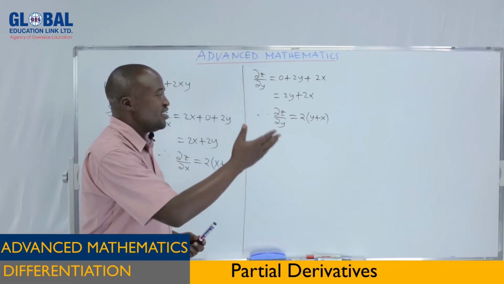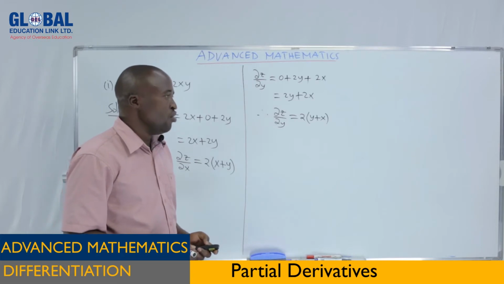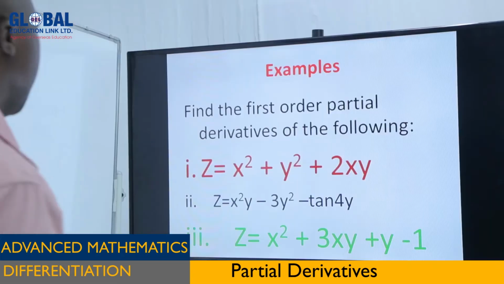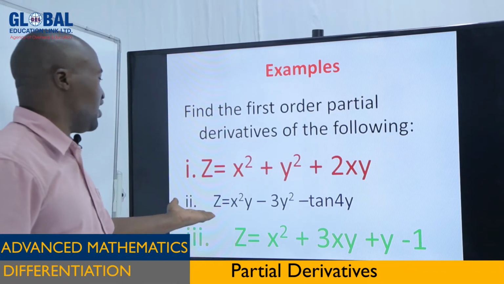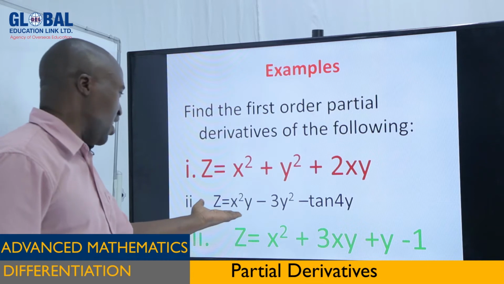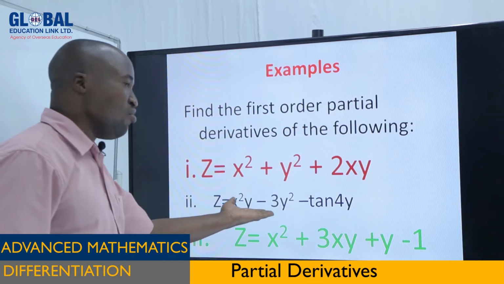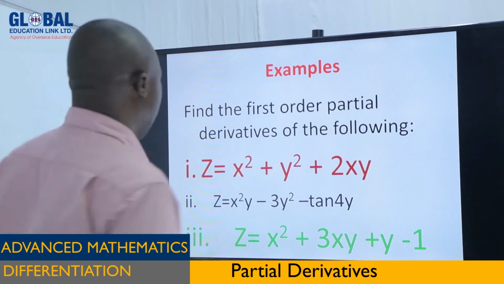That is Roman 1. Let us proceed with the second one. In this case, we have z is equal to x squared y minus 3y squared minus 4y.